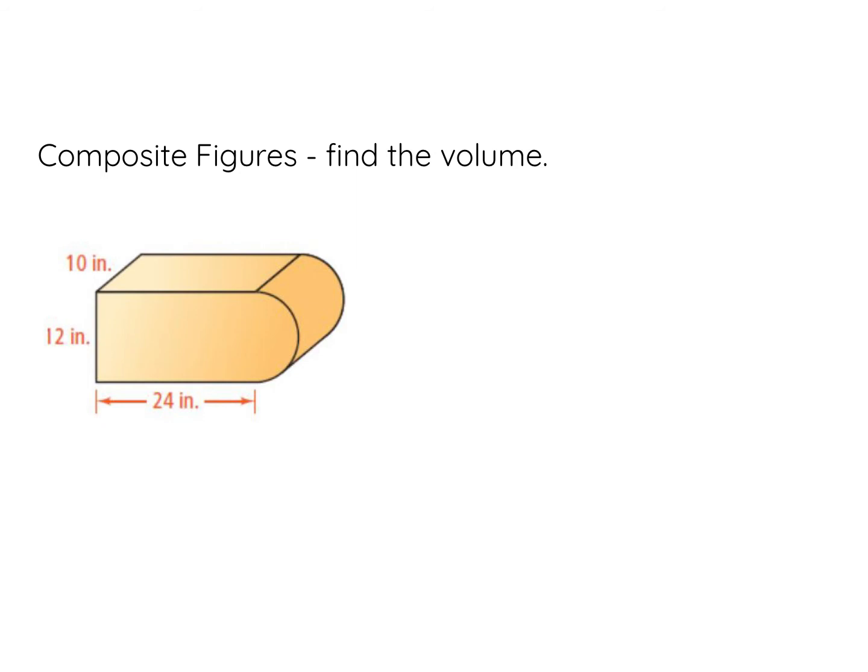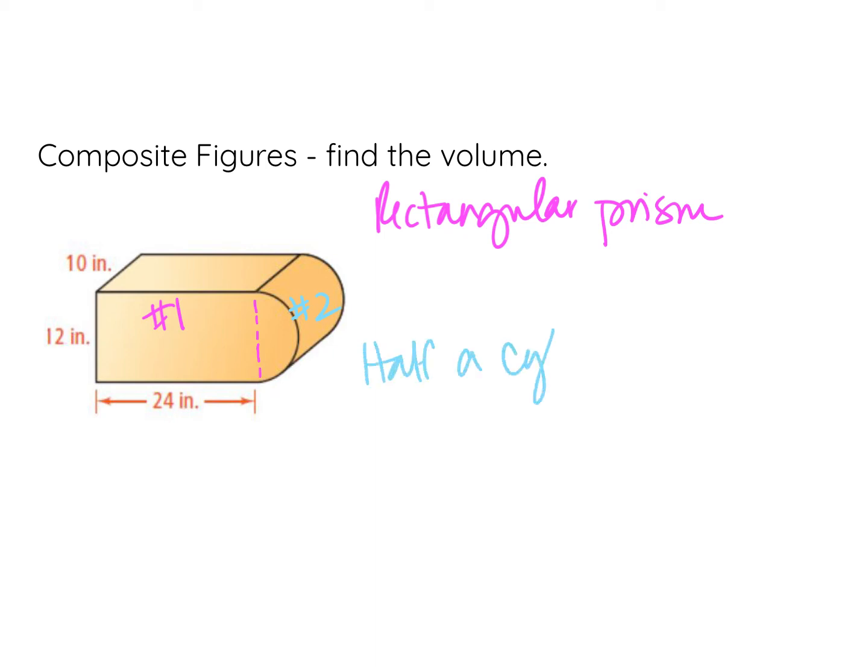Okay, so composite figures, just like when we did this with area, we're just going to break this up into 2 different pieces, right? So imagine that there's a line right here, and I split these 2 shapes up. I have shape number 1, which would be a rectangular prism. And then shape number 2, which is half a cylinder, right?